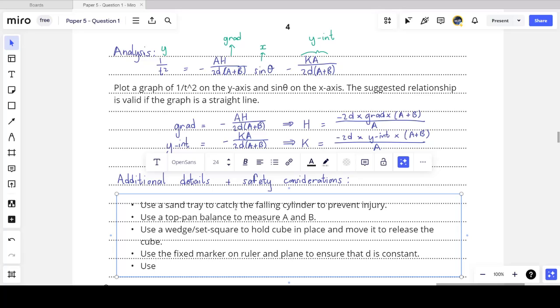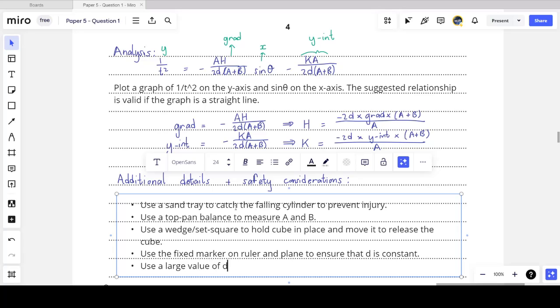Now, I did say that I'm going to mention a way that using a stopwatch, we can still use a stopwatch with some sort of confidence, and that's by using a large value for d. Use a large value of d. What does this do?